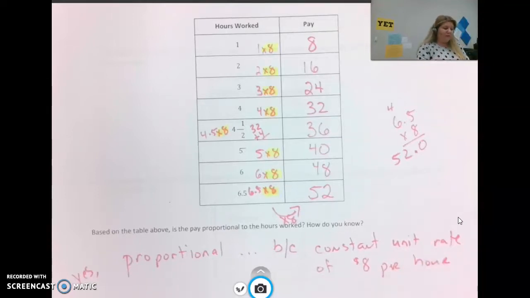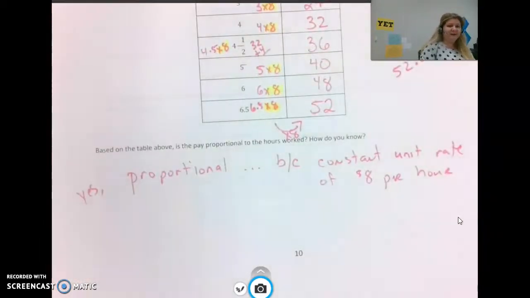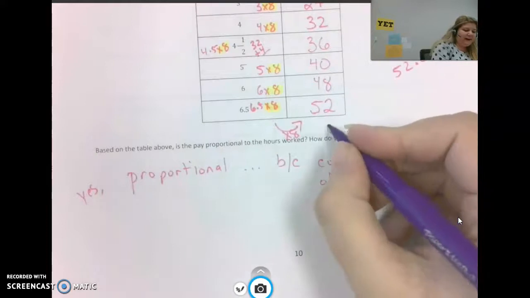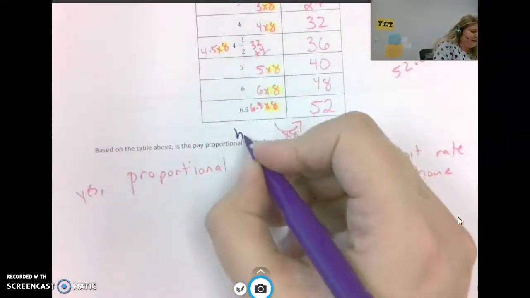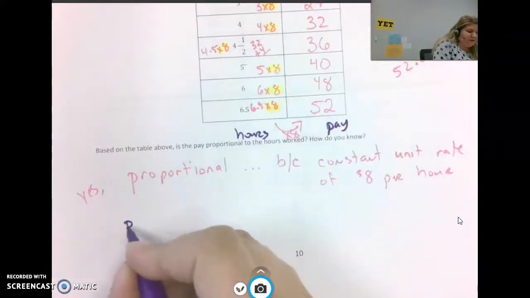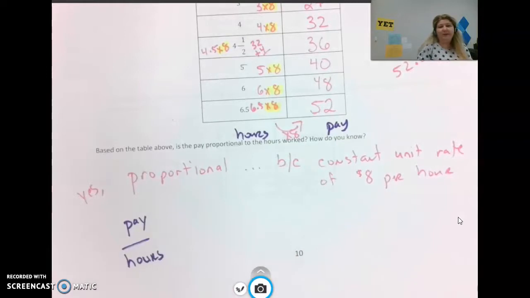Now, if I needed to prove that, I can, and here's how I would do that. I would do the pay, and I'm just writing it here because it didn't show up there, divided by the hours. And I would make sure that every time I'm getting the same number, which is my constant of proportionality, also called my unit rate.